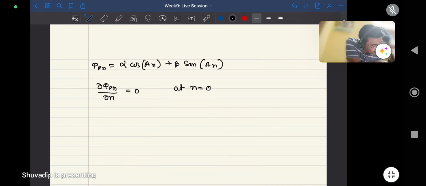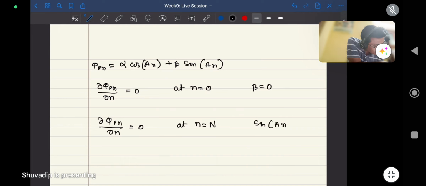So this gives me beta equal to 0, and del phi p/del n is equal to 0 at n equal to capital N, which gives sin(a N) equal to 0, which gives a equal to p pi by capital N.